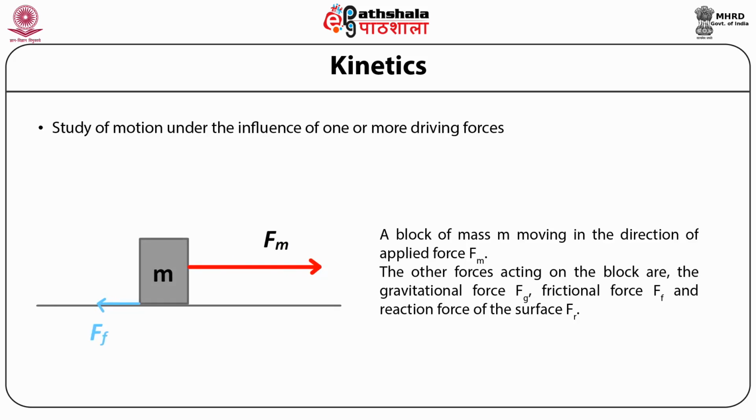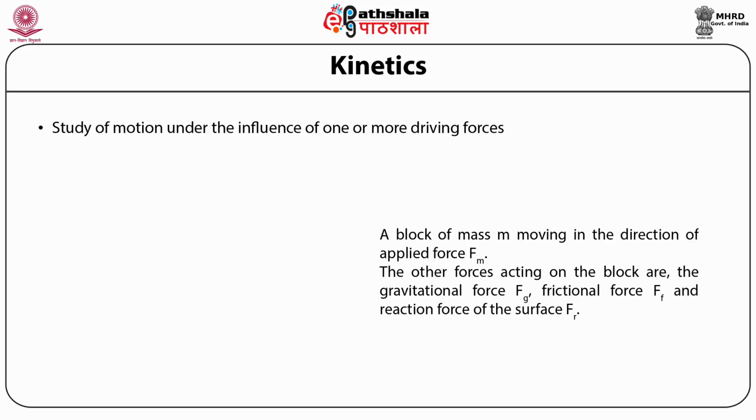The third force is the forward force Fm, which is applied externally. And the fourth and last force is Ff, the force which gets developed due to the motion and the friction between the body and the ground.